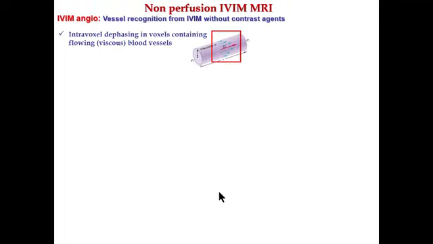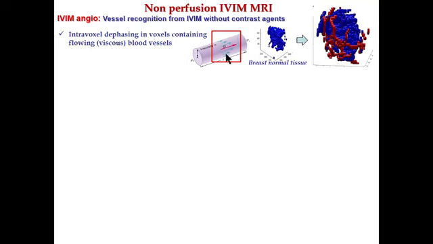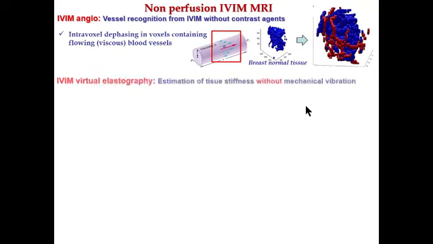Okay, and very quickly now, because time is running out, I'll show you that we can also, but again just for simulation, look at the distribution of velocities within a vessel, not capillaries. We also have an IVIM effect, which can be used to recognize vessels and obtain angiograms based on IVIM, so no contrast agent.